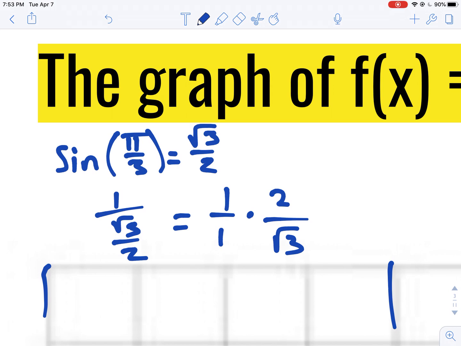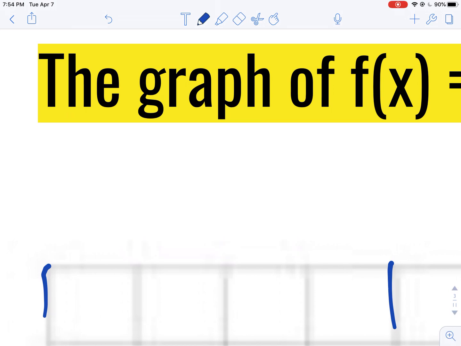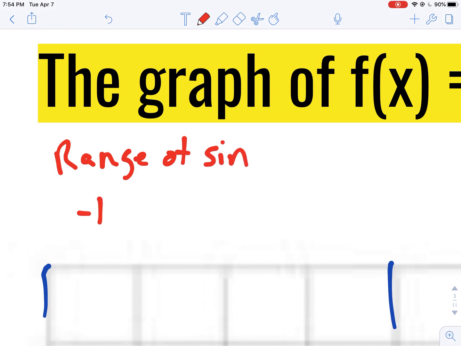So the range for sine, which is something that we learned and reviewed, is -1 is less than or equal to y, which is less than or equal to 1. That's the range of sine. So that means every single value of sine is either 1, 0, or some fraction that exists between there.